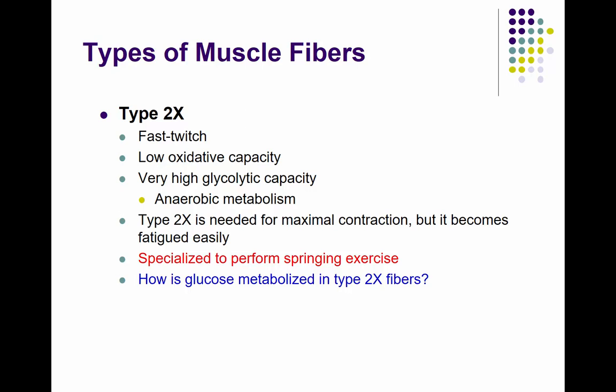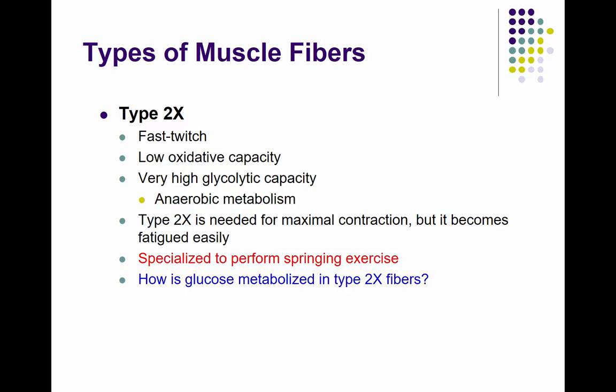And because of how glucose is metabolized in type 2 fibers, well, actually, I can ask you first, right? How is glucose metabolized in type 2 fibers? Partial or complete? Partially oxidized, right? So produce a lot of lactate.